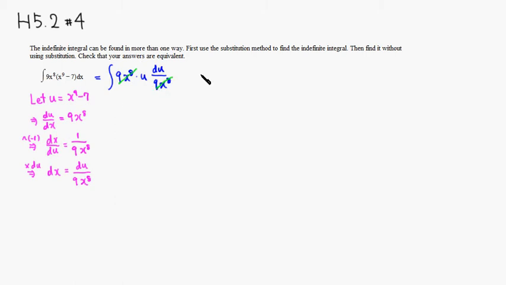So what you get is simply the integral of u du. Right? So the antiderivative of u would be add 1 to the power, divide by that power, plus some constant c. Then we know that u is x to the 9th power minus 7 squared over 2 plus c.